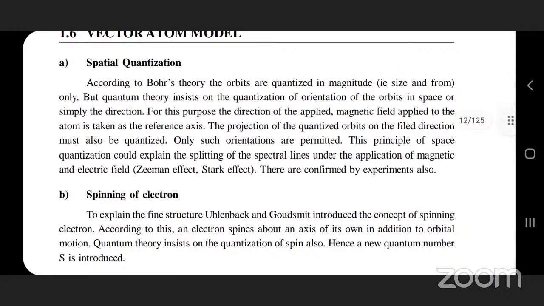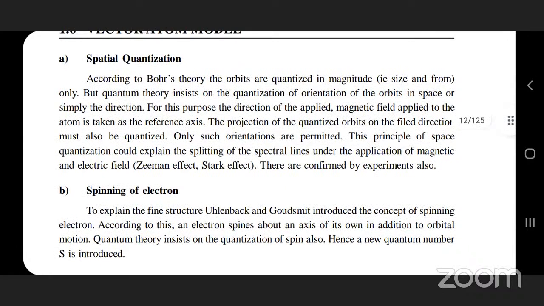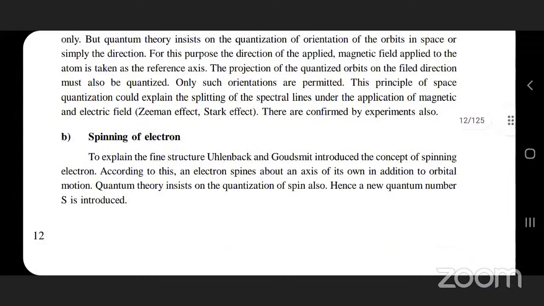So when a magnetic field is applied to the atom, the projection of the quantized orbits in the field direction is also quantized, and only such orientations are permitted.